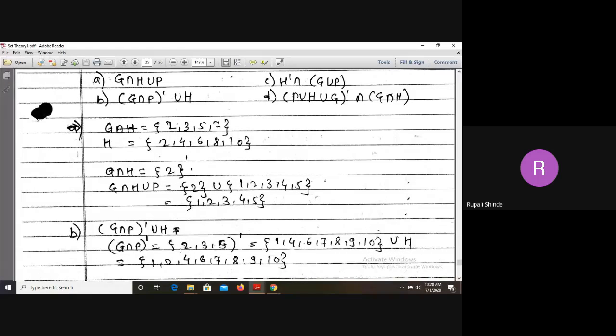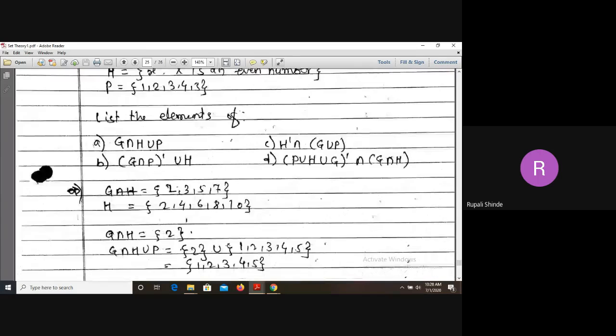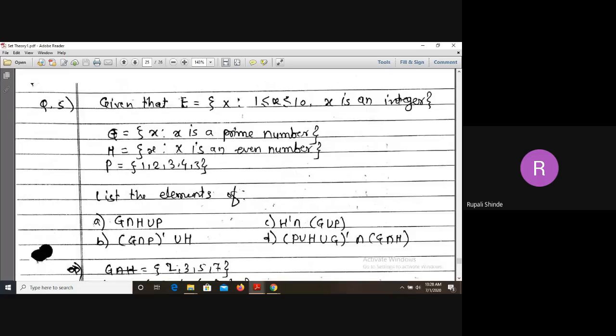Now we have to take its complement. So how can we take the complement? For complement, whatever the set is, we have to subtract these three elements from that set. Okay. Now, in the question, they have said the universal set contains elements from 1 to 10.